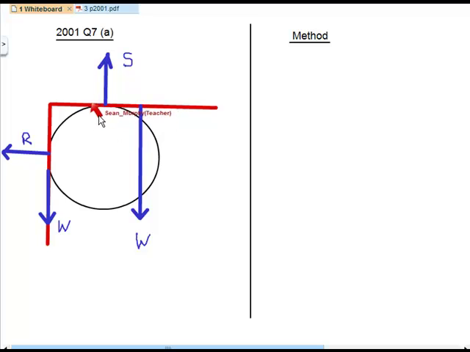It would tilt over this way: this bit would fall in, and this bit would tilt up. So if it's going to fall down, the friction must be pulling upwards. There's a friction force here, which we label μR.